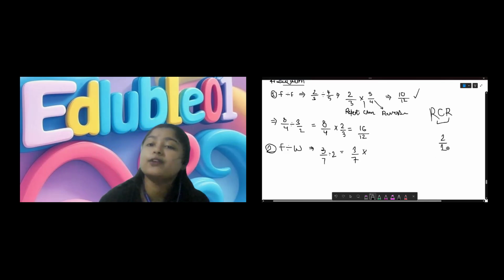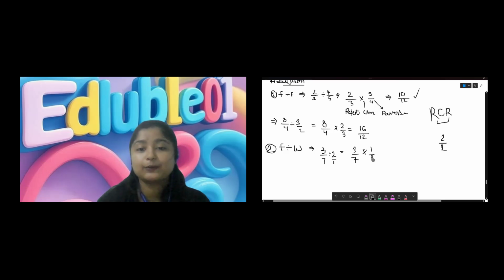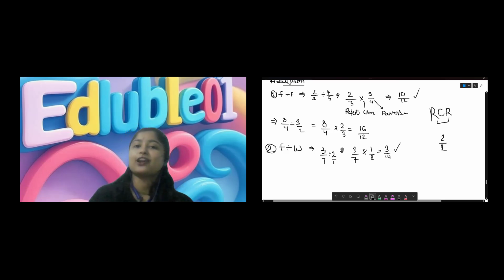So 2 is 2 over 1 in general, and now you reverse it, so it's going to be 1 over 2. This is nothing but 3 over 14. This is how you do a fraction divided by a whole number.